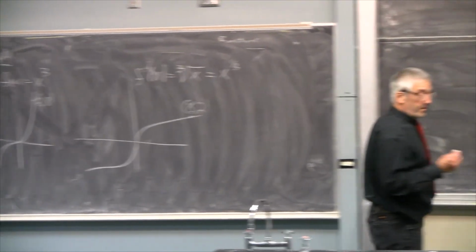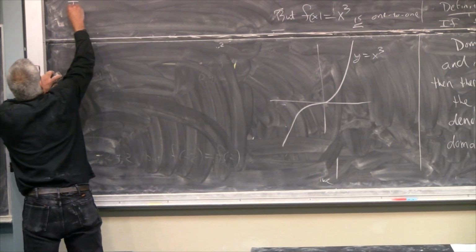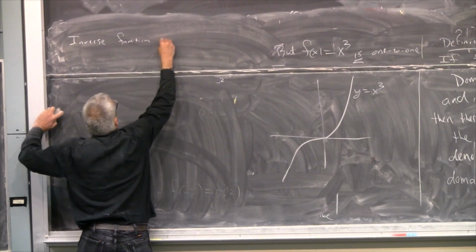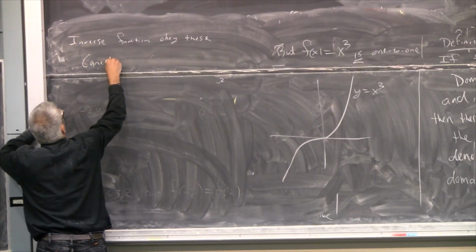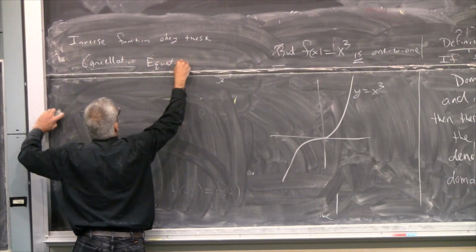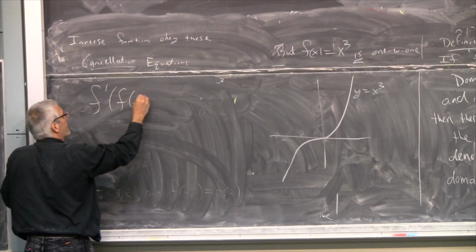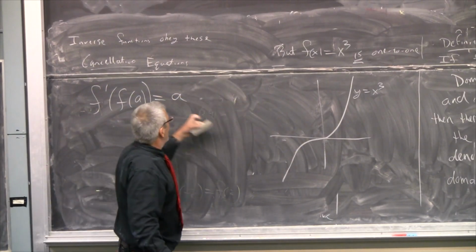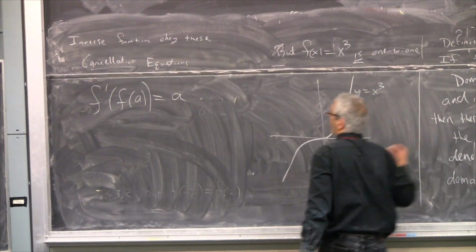Inverse functions obey what are called the cancellation equations. They say this: f inverse of f of a equals a for all numbers little a that are in the set capital A, that's the domain of f.